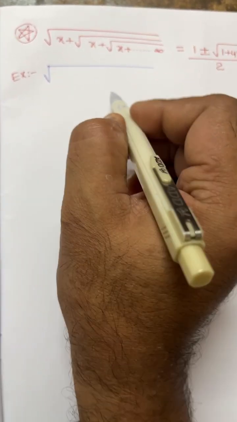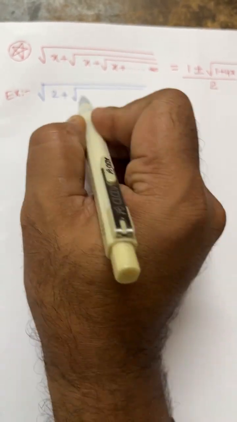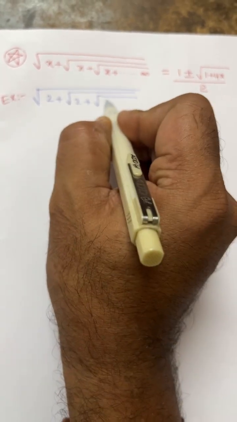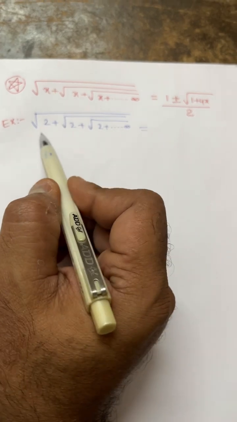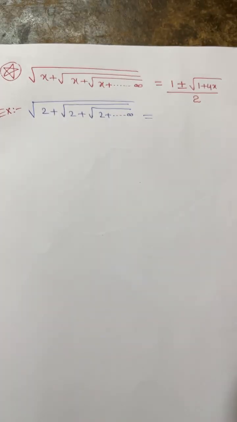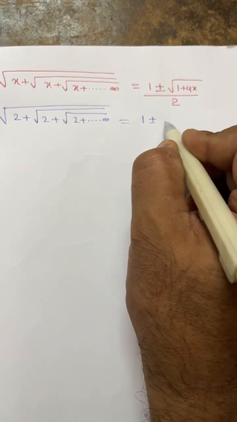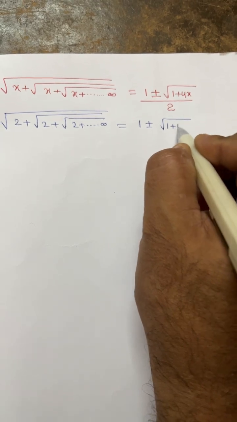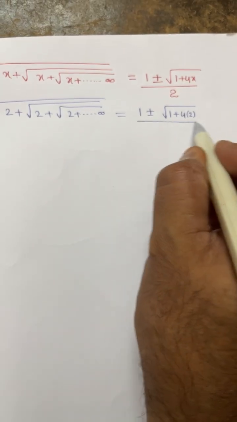Square root of 2 plus square root of 2 plus square root of 2 plus and so on infinity is equal to, here x value is what, dear students? X value is 2. So we can write it as 1 plus or minus root over 1 plus 4 into 2, divided by 2.